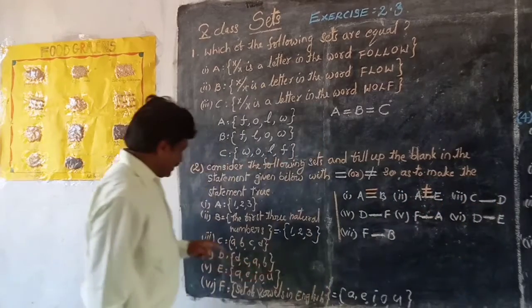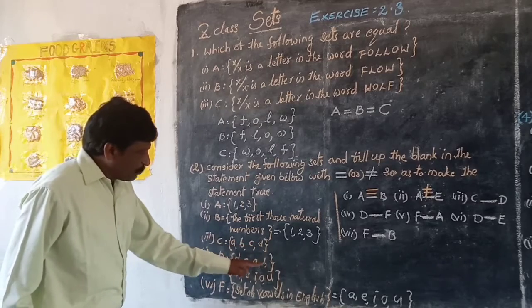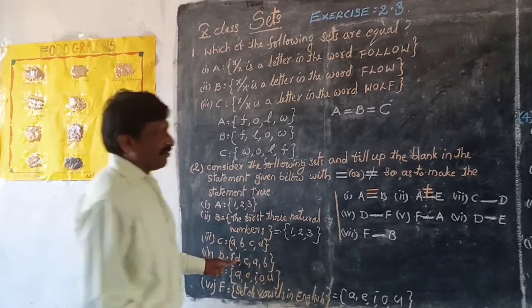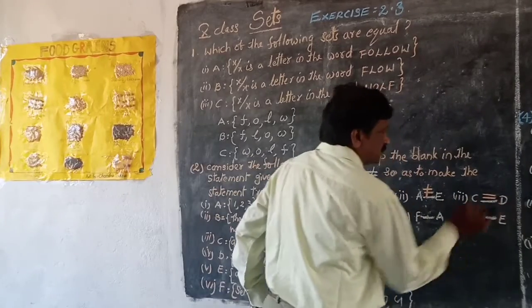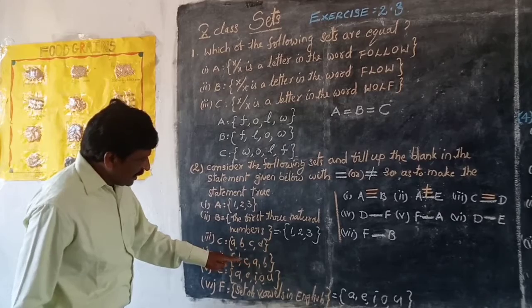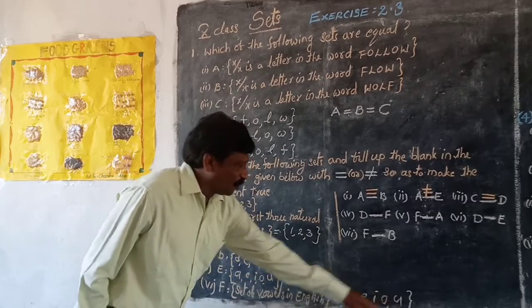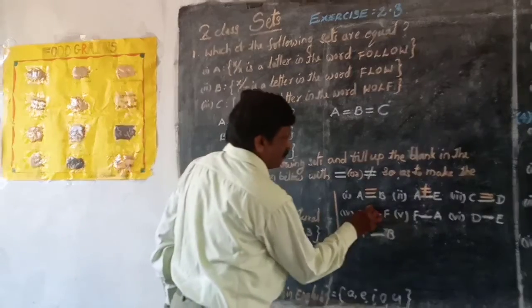C and D. C: A, B, C, D. D: D, C, A, B. A, B, C, D is equal. D and F. D: D, C, A, B. F: A, E, I, O, U. So not equal.